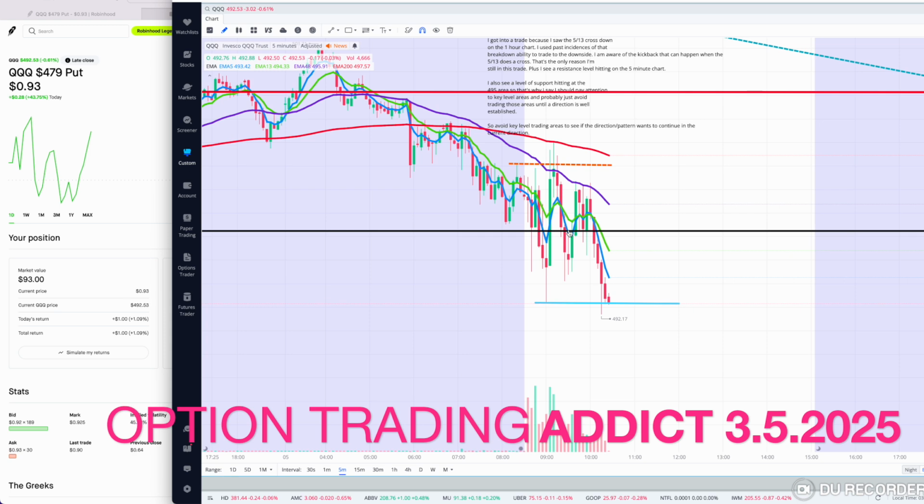Yeah, but there's a cross on the 1 hour chart that's not over there that I'm using as my reason for staying in the trade. So it might look the same. It's not always the same.